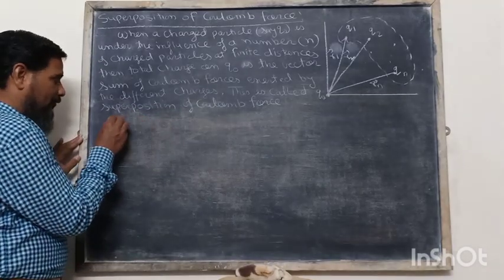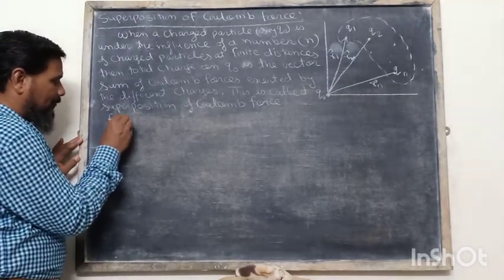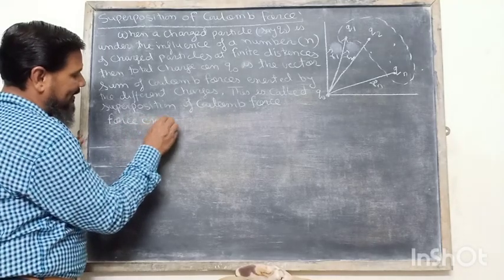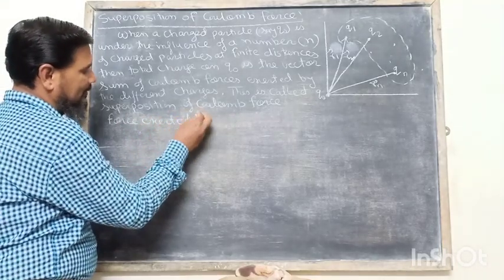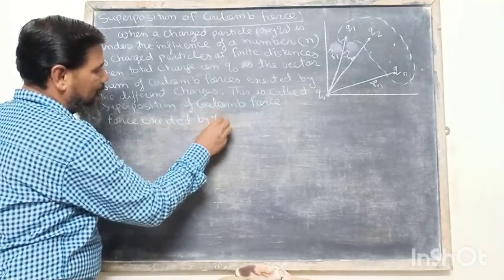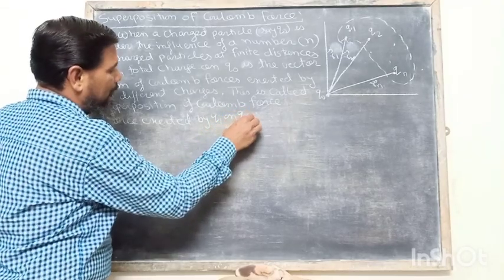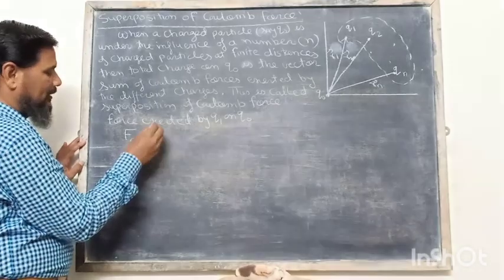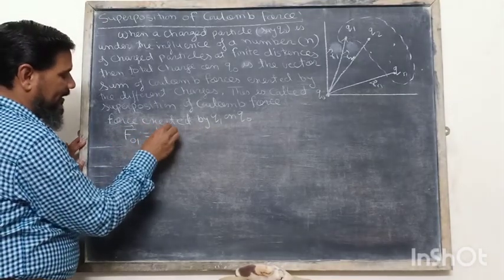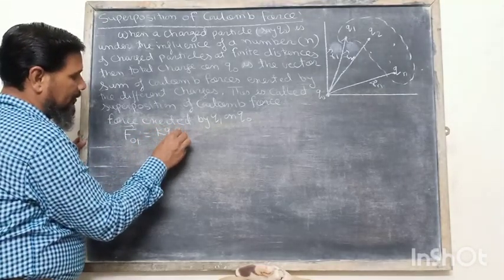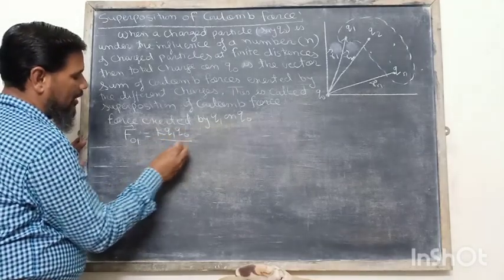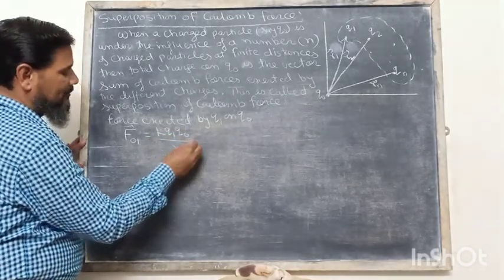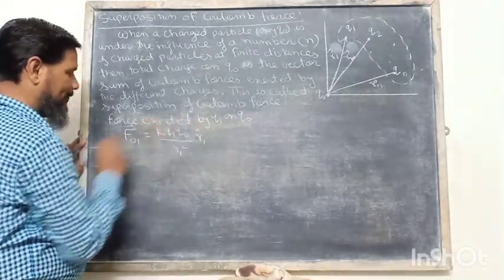So the force exerted by Q1 on Q0, F01, is equal to K Q1 Q0 upon R1 square R1 cap.